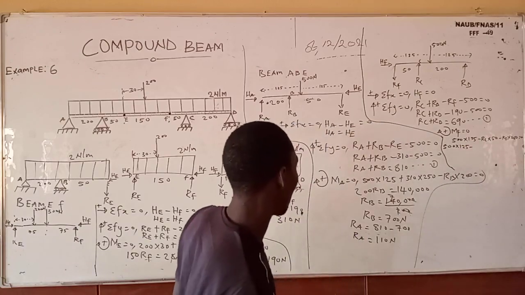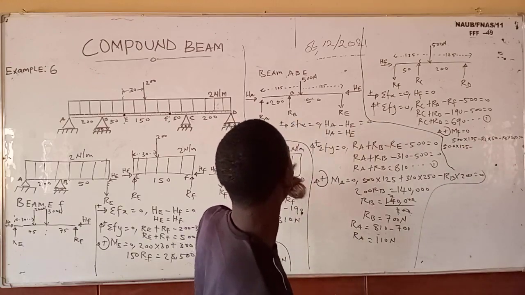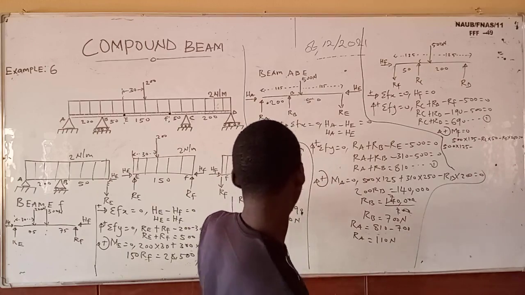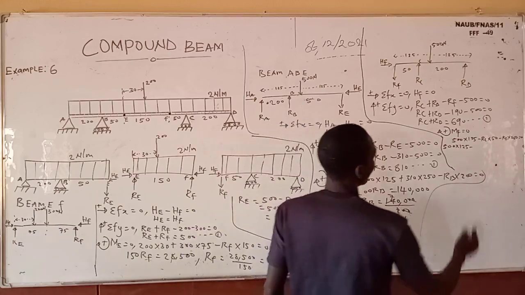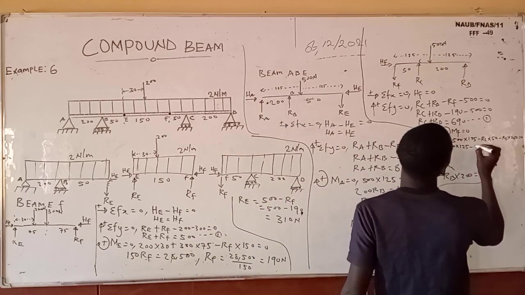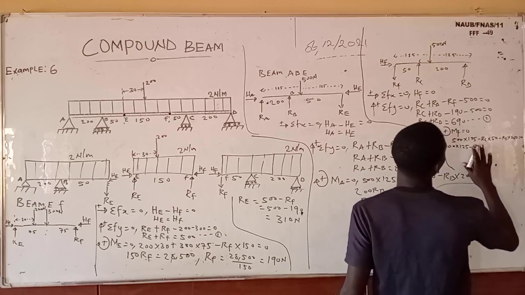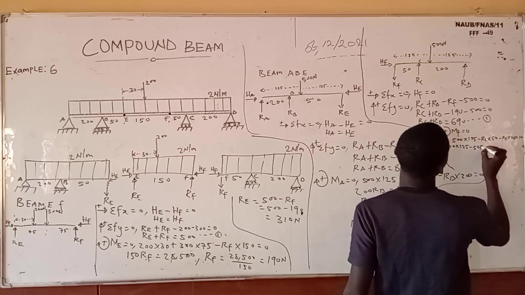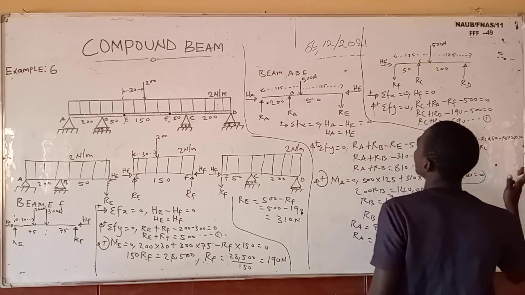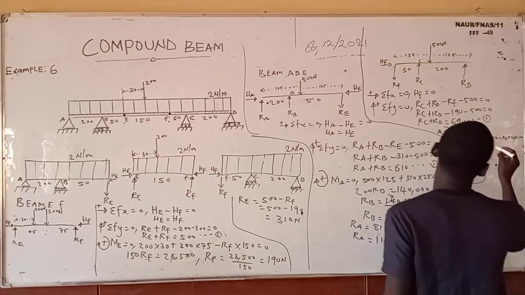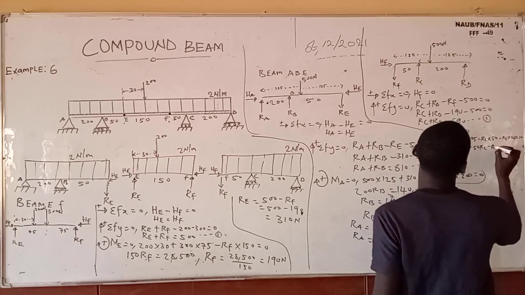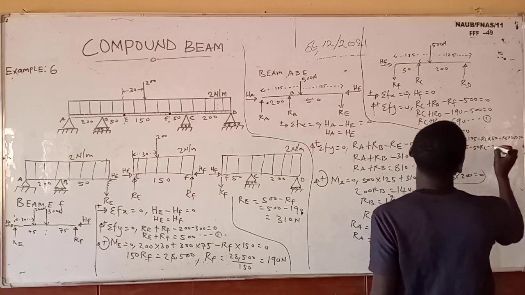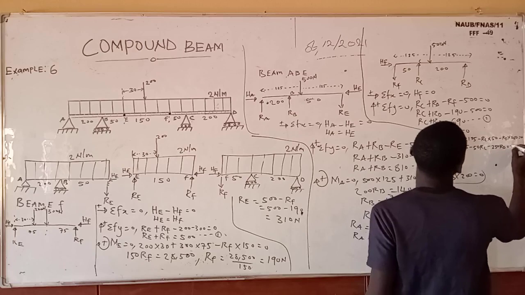Have we gotten anything like ROC before? Let's cross check. Do we have ROC here? Okay, we don't have ROC. So it's going to be 50 ROC like that. What of ROD? We've not gotten anything like that also. So it's going to be minus 250 ROD equals 0.